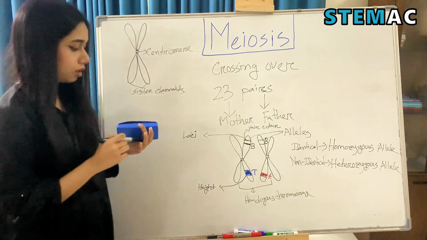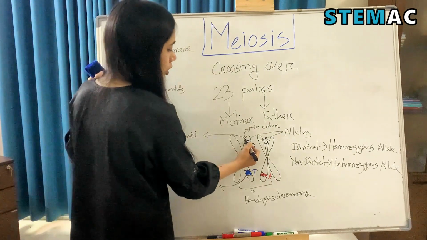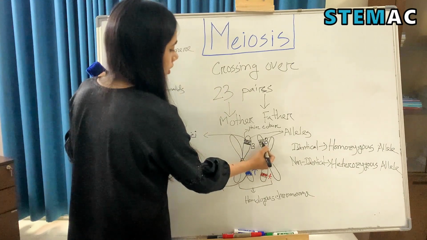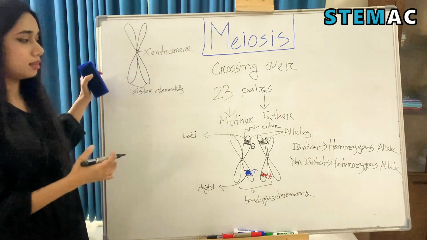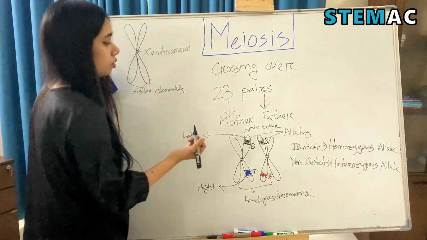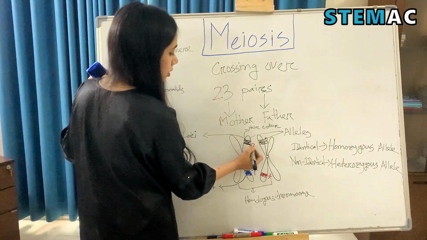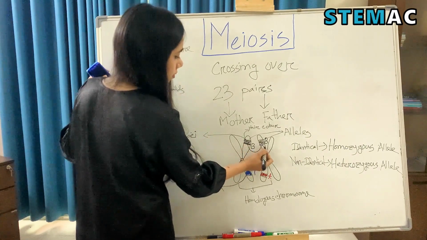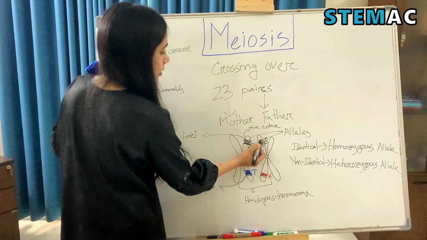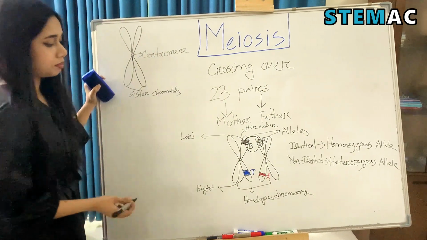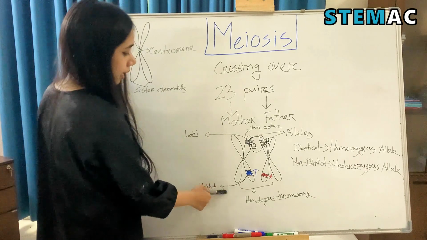Now in the case of crossing over, what happens is that the alleles get exchanged between these two chromosomes. This allele will get exchanged here and this allele will be exchanged here. The same goes for the gene for height.